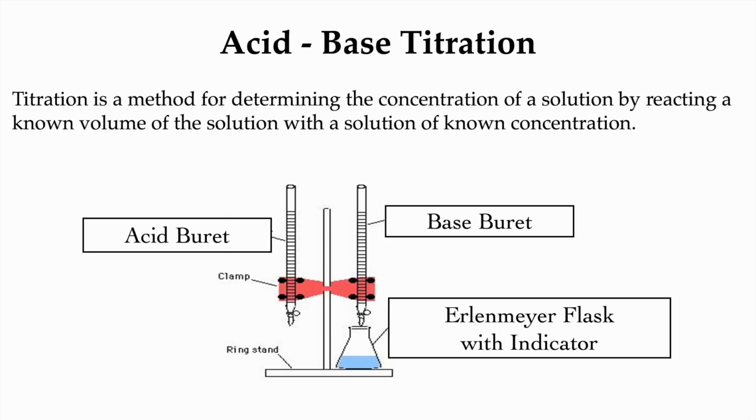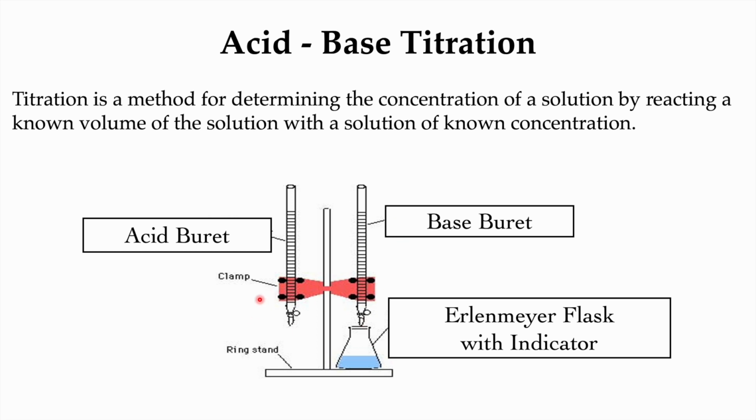So acid-base titration is a method for determining the concentration of a solution by reacting it with a known volume of a solution with a known concentration. And we're going to be doing this in the lab in the next couple of days. So you have it set up like they have before. You have these two glass tubes that are burettes.